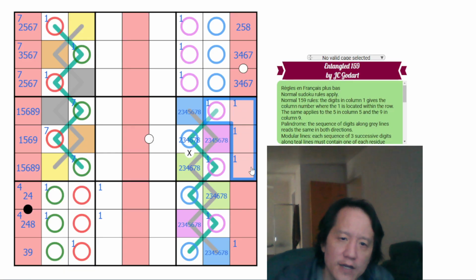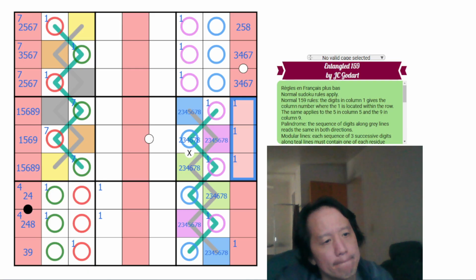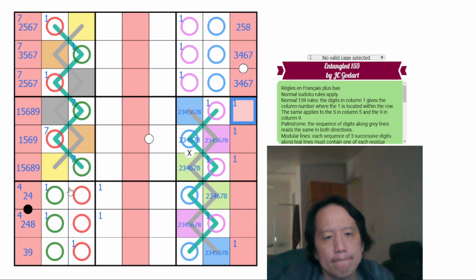So the 9 has to be one of these three, these 5 also. So that means you have an 8 or a 9 here. You cannot have a 7 here. So 7 is somewhere here. This is 8 or 9. Right, so one of these is 7.